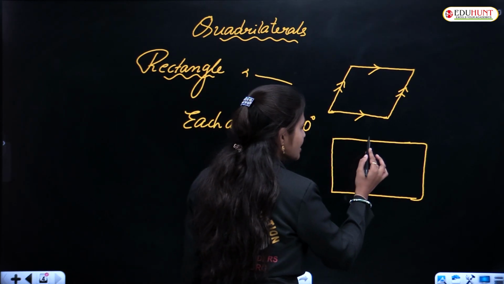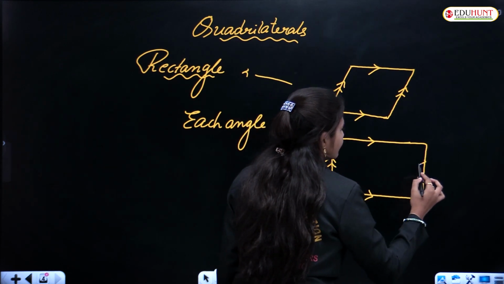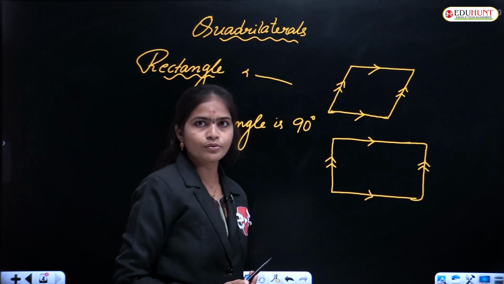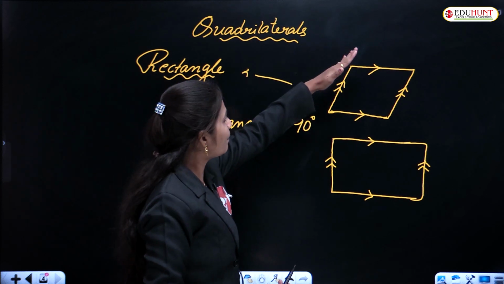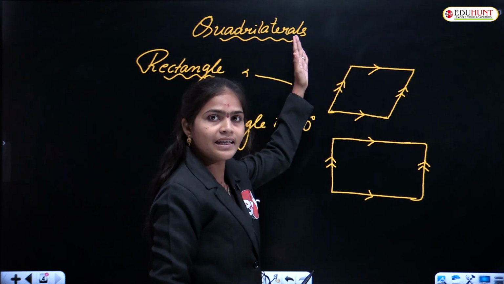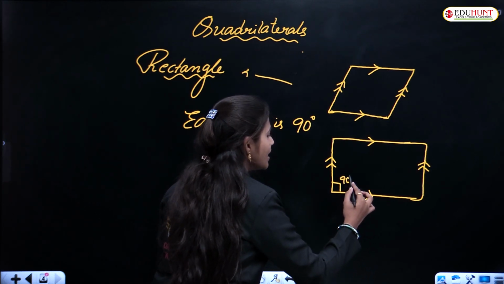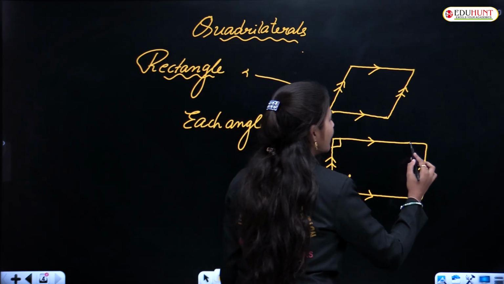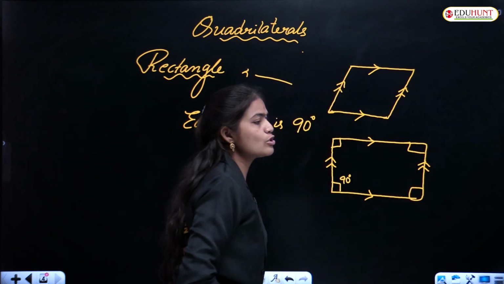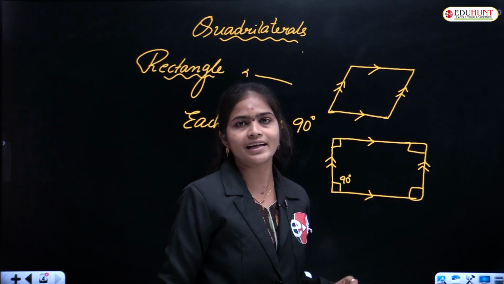In a rectangle also opposite sides are parallel. Why? Because if at least one interior angle is 90 degrees, then obviously the remaining three angles are also 90 degrees. So we can say that the quadrilateral is called a rectangle.